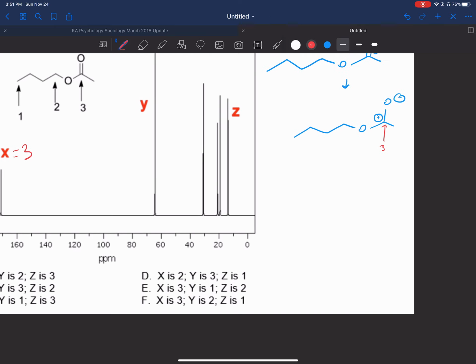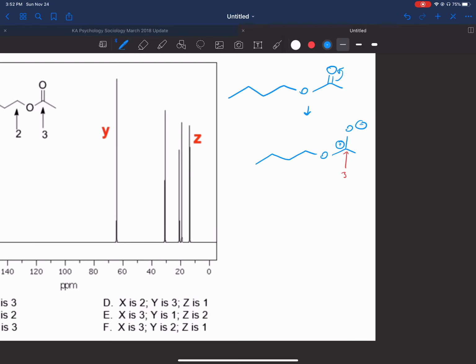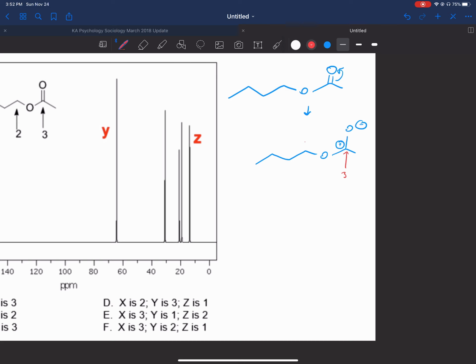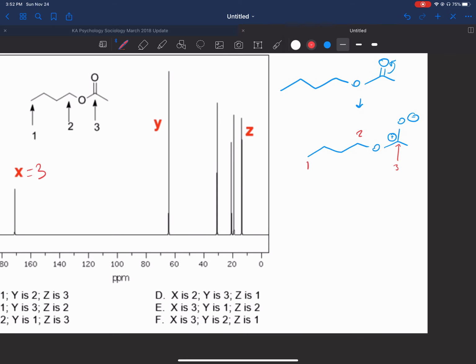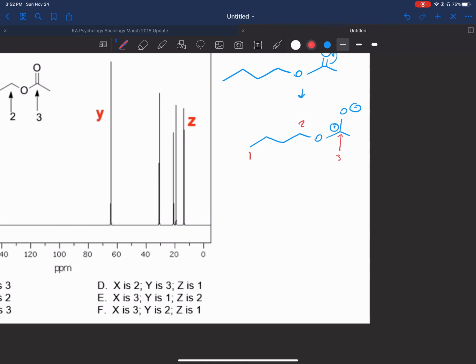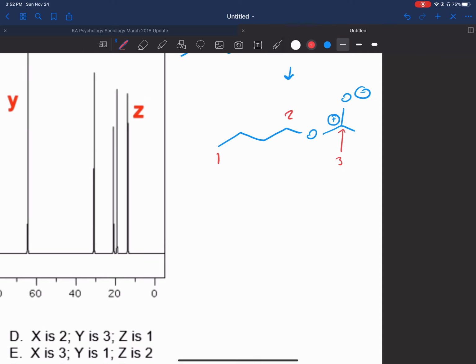Now, what about carbon 2 and 1? If we look, this is carbon 2, and this was carbon 1. What's the difference between 2 and 1? 2 is bound directly to an oxygen, 1 is not. So 2 doesn't have resonance that can help deshield, but it does have induction because oxygen is an electronegative atom.